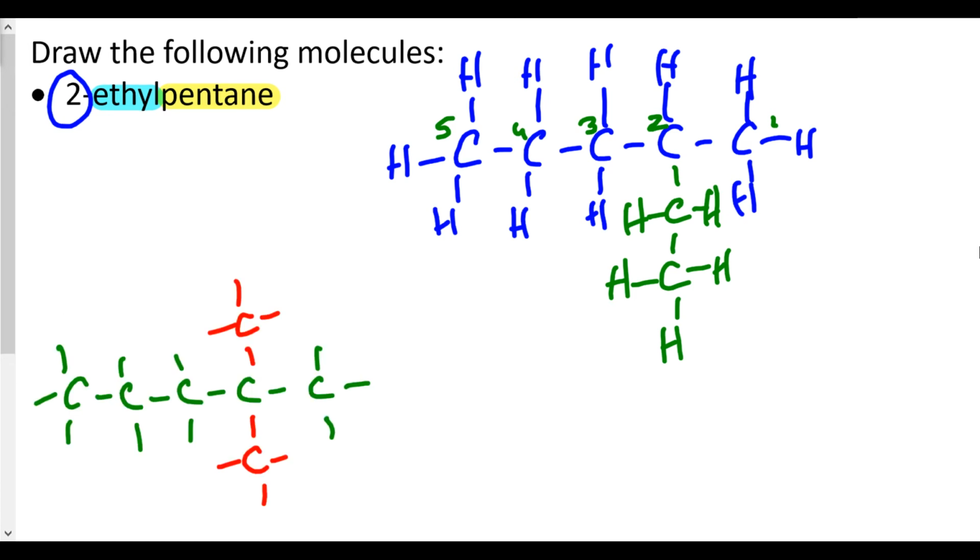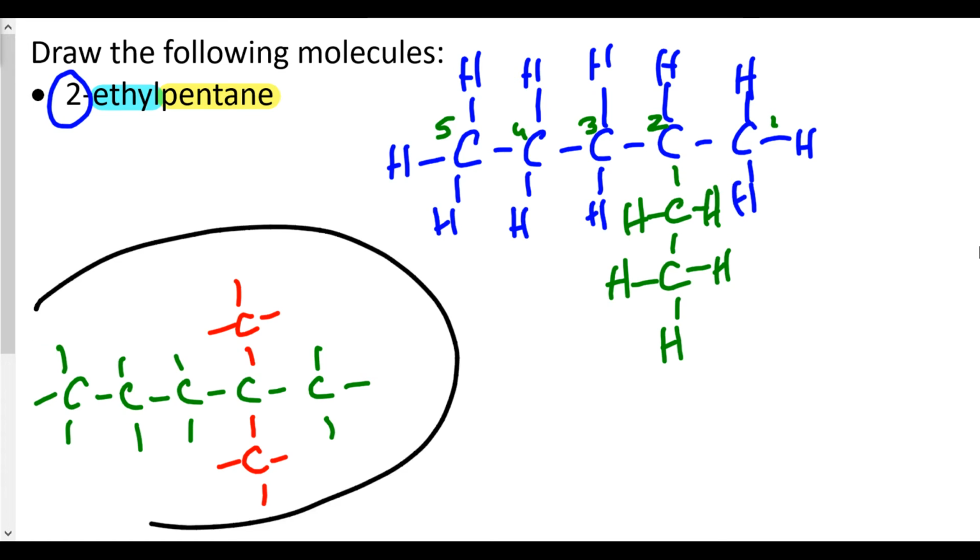It is important for you to understand that the drawing that I have right here is not 2-ethyl pentane. Let's assume that a student did this: the student had the first carbon here, second carbon here, third, fourth, and fifth carbons right here. But in the second carbon, the student knew that they needed to add an ethyl group.